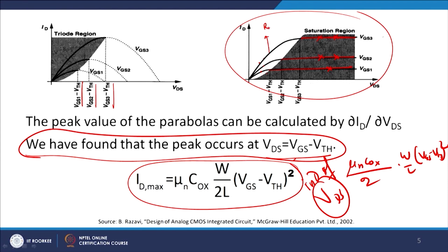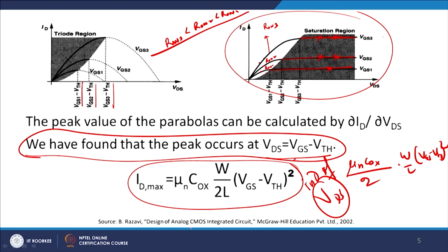Suppose this is R on 3, this is R on 2 and this is R on 1. Then R on 3 will be smaller than R on 2, smaller than R on 1, because the slope keeps increasing as we move ahead, and the resistance is the inverse of the slope.